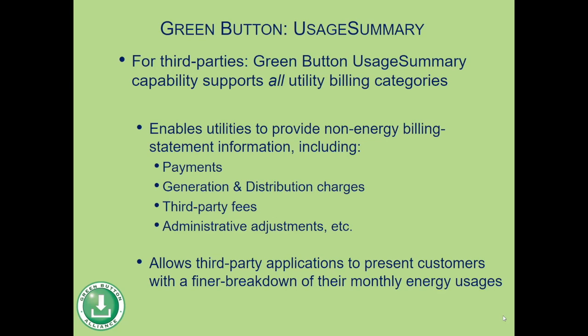We originally started to say, well, we're going to define some categories. That lasted about 3 bills from 4 different utilities, and there is no standardization for how energy distribution, generation, or additional charges are made. So the way that we have defined the billing summary is you provide an open line description that matches whatever you're going to put on that bill.